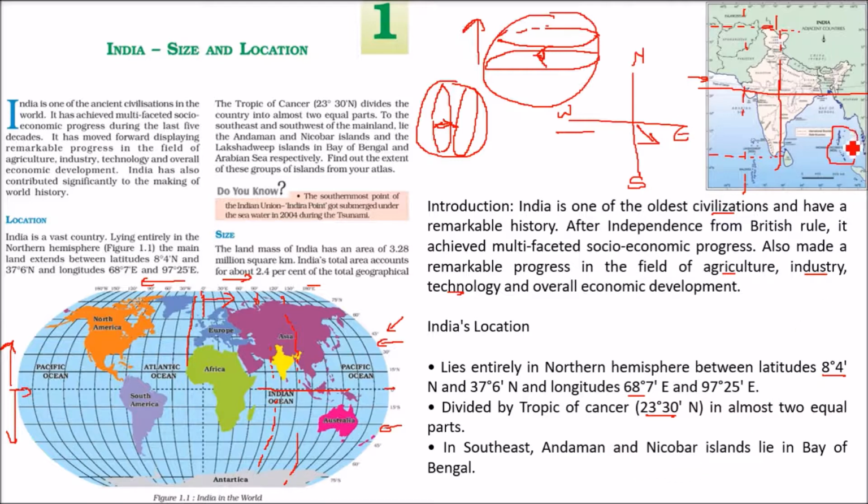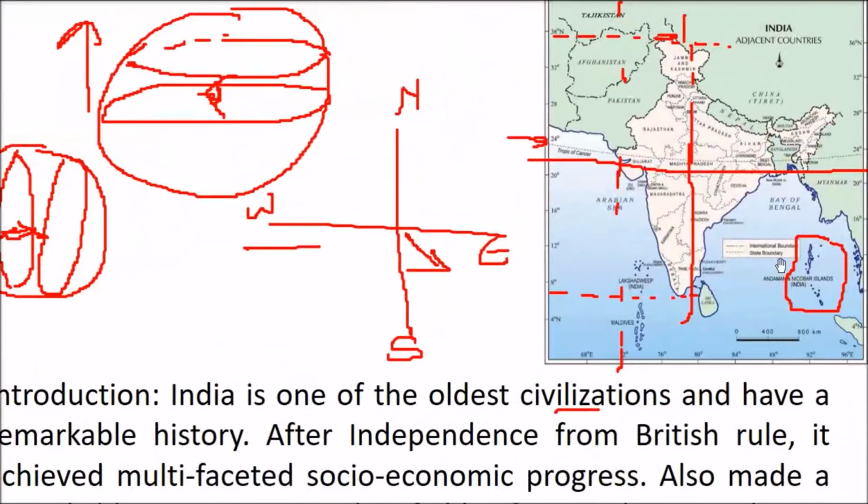These are the Andaman and Nicobar Islands, and this is a Union Territory of India. And these waters, or sea, are called the Bay of Bengal. So the Andaman and Nicobar Islands are situated in the waters of the Bay of Bengal.